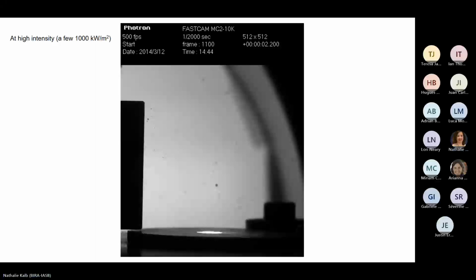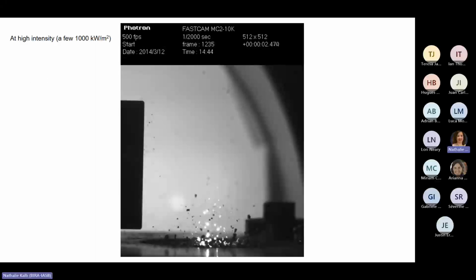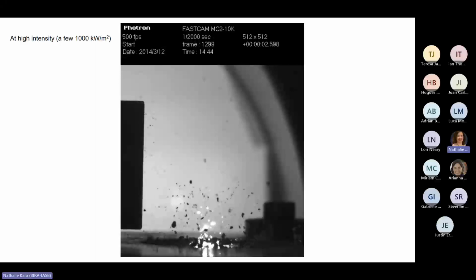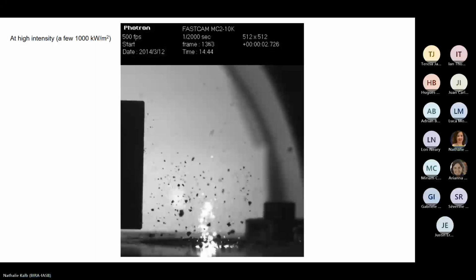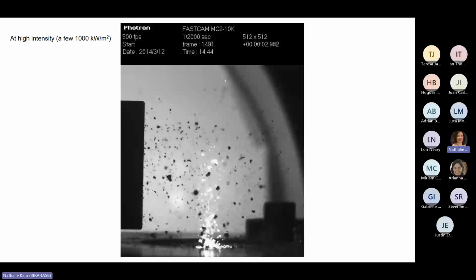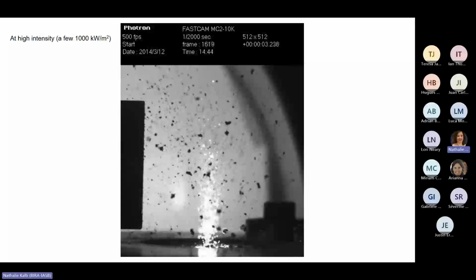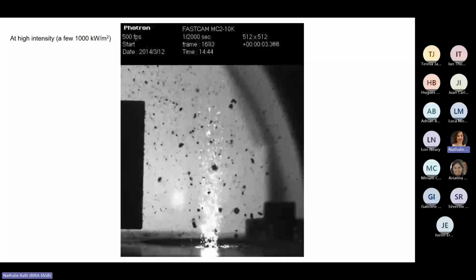If you do it really with a surface that's illuminated, so that's again also in the drop tower, if I start this movie, then there is a particle bed illuminated in the center, and it's just spitting out particles all the time. However, this is at a few kilowatts per square meter, so it typically only works continuously at 4 or 5 kilowatts per square meter.